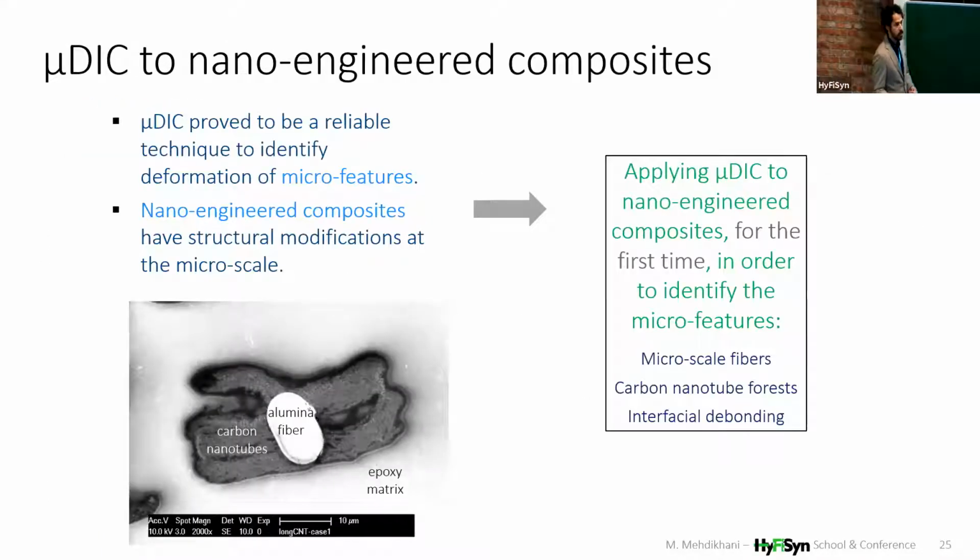That's why we wanted to apply this methodology to a real case, or a more, let's say, useful case study, and that was nano-engineered composites. This nano-engineered composite is made of alumina fiber textiles on which carbon nanotubes are grown in the form of a forest, as you can see.